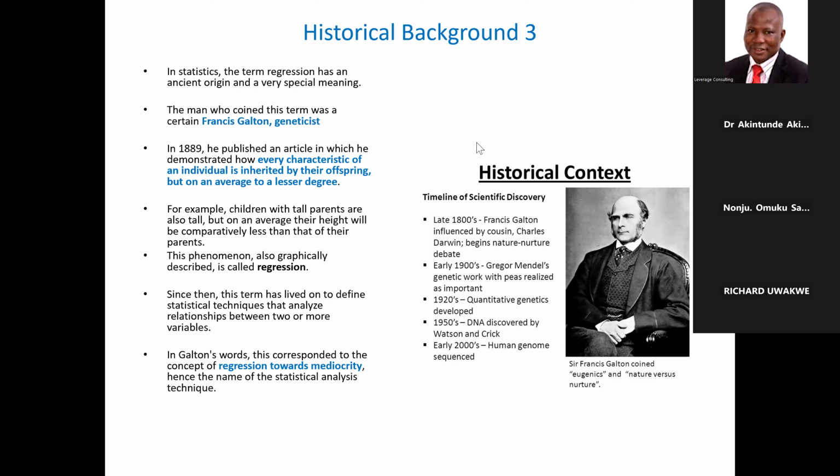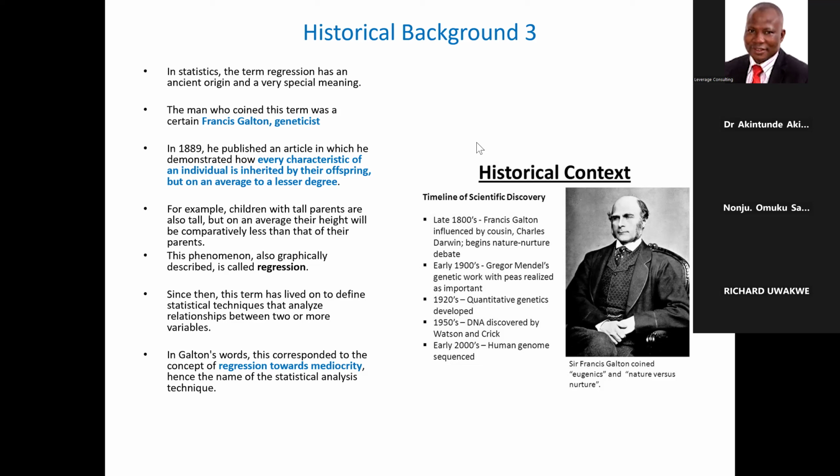In 1889, he published an article in which he demonstrated how every characteristic of an individual is inherited by their offspring, but on average to a lesser degree. That is, some characteristics are inherited by the offspring, but to certain lesser degrees.